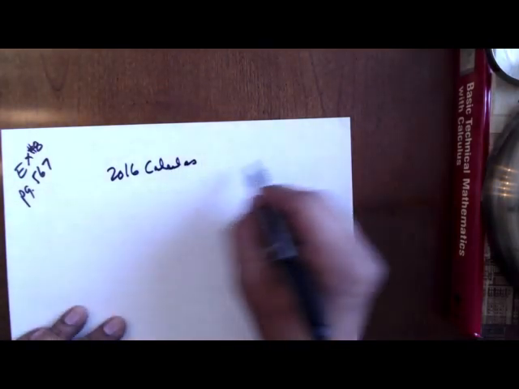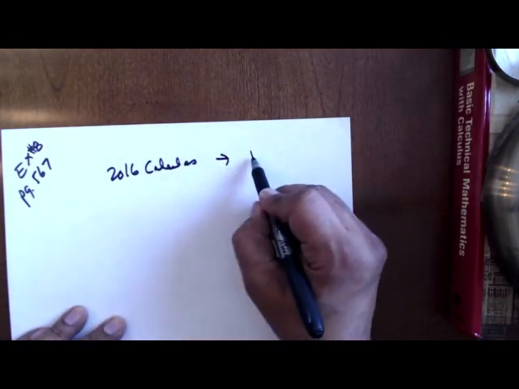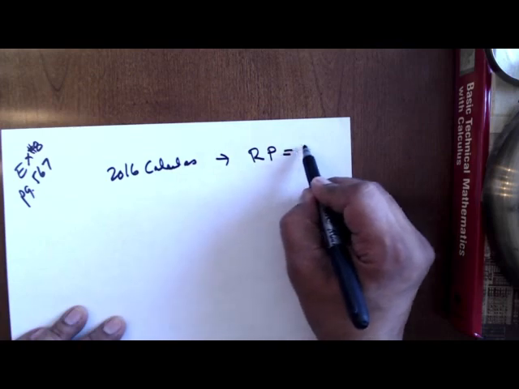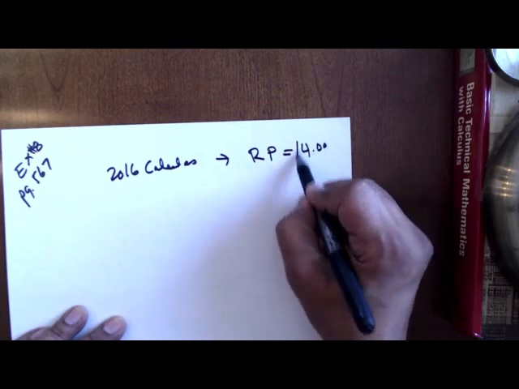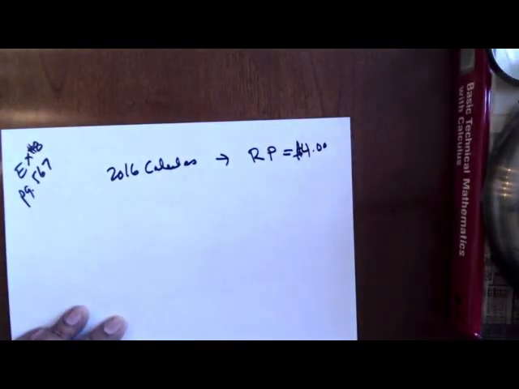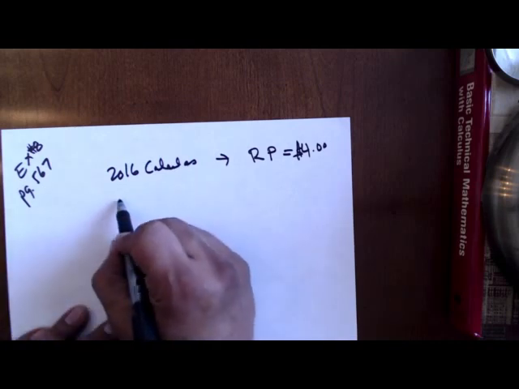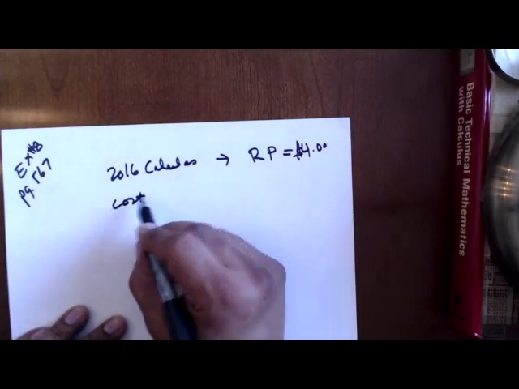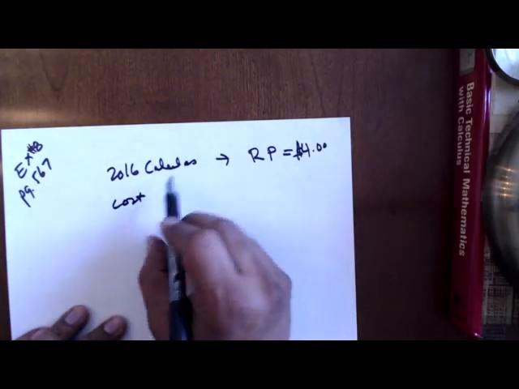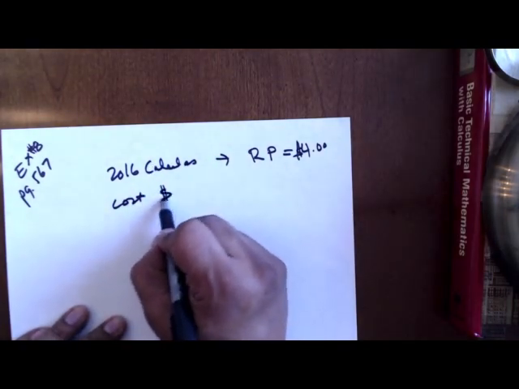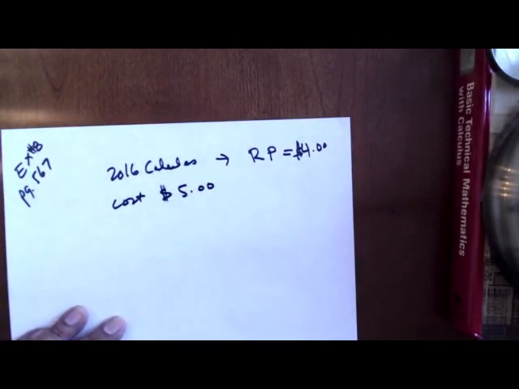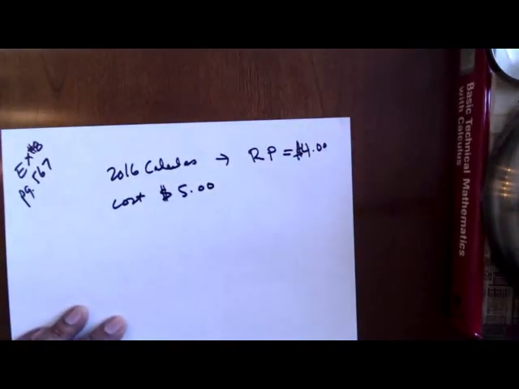So the reduced price is equal to $4, and the cost for the store was $5. And so what was the markdown?